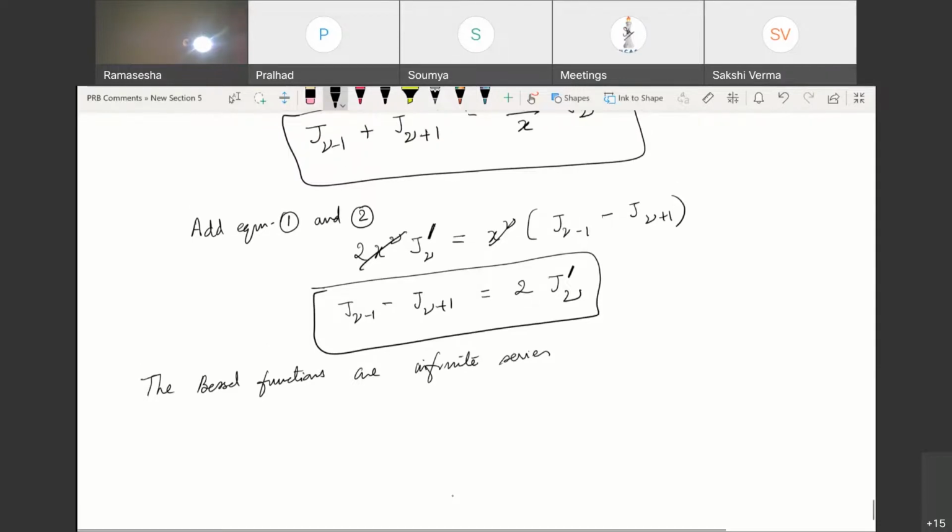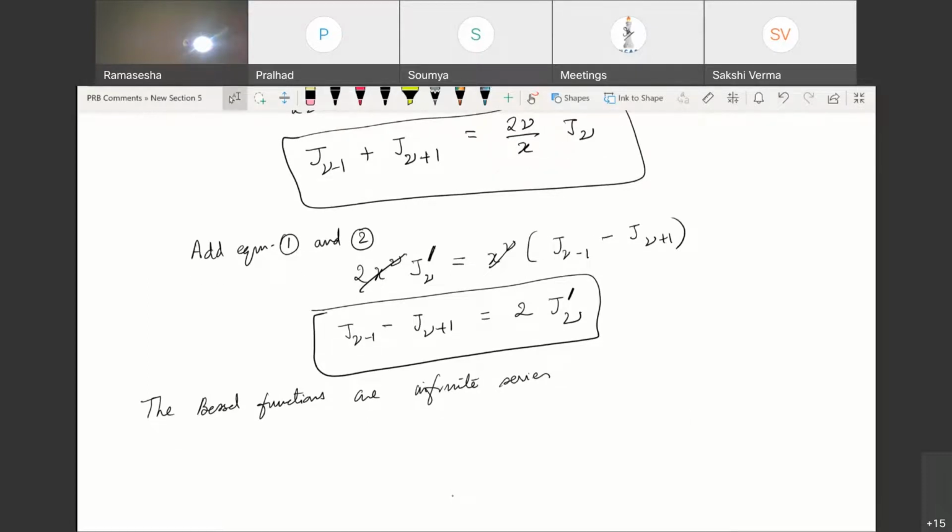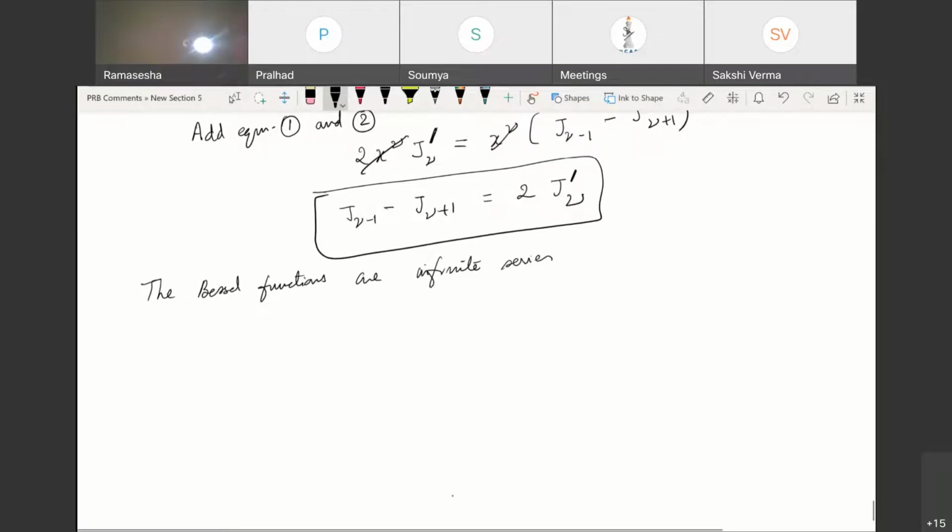So these special functions also have this three-term recurrence, which is very similar to what we had for orthogonal polynomials, namely that J nu minus 1 plus J nu plus 1 is 2 nu upon x J nu, that is the three-term recurrence relationship, and the other one is a differential recurrence relationship, which tells you that J nu minus 1 minus J nu plus 1 is 2 J nu prime. For higher order.